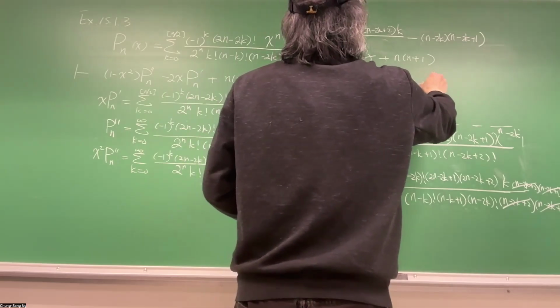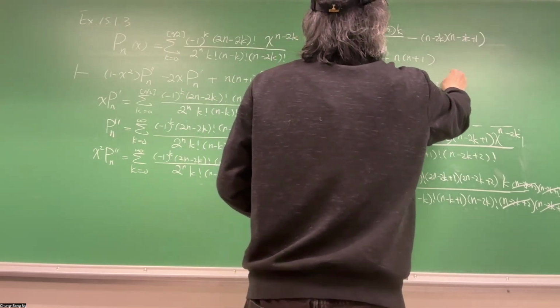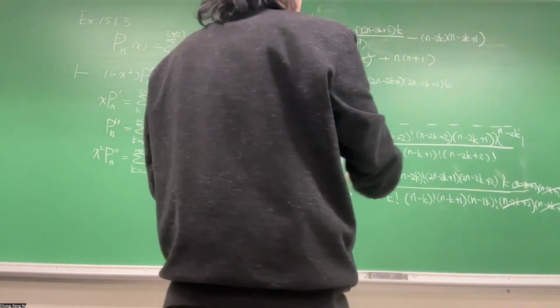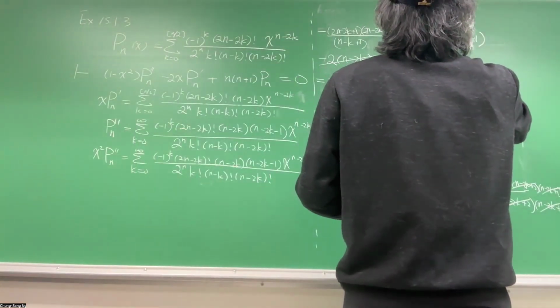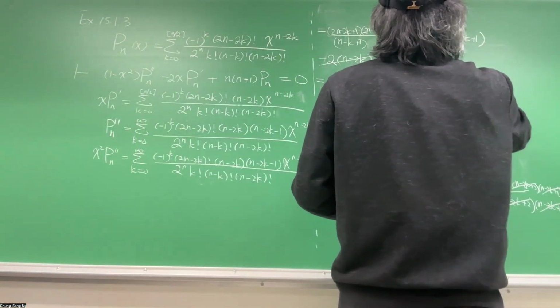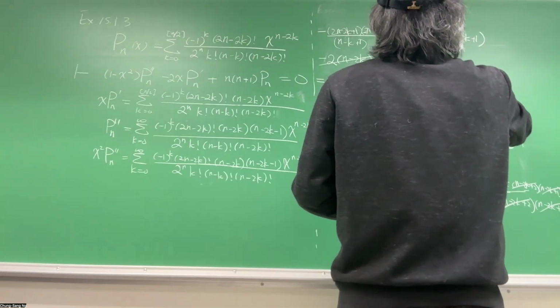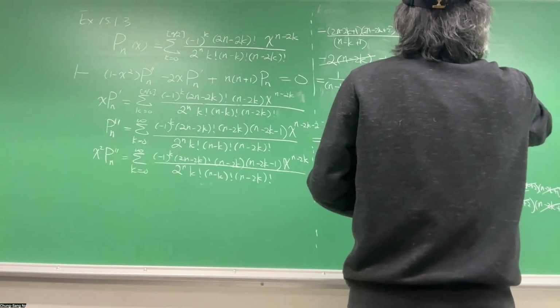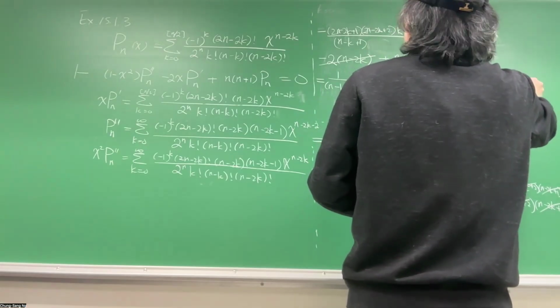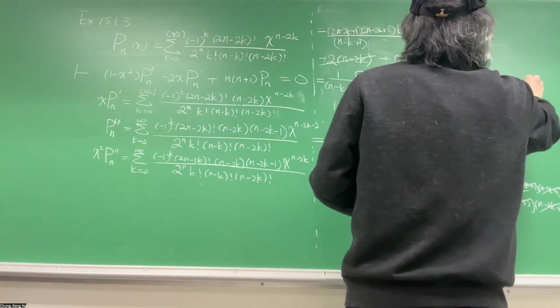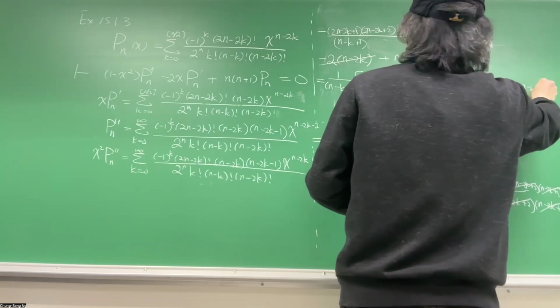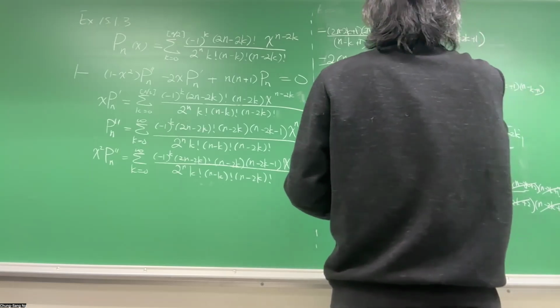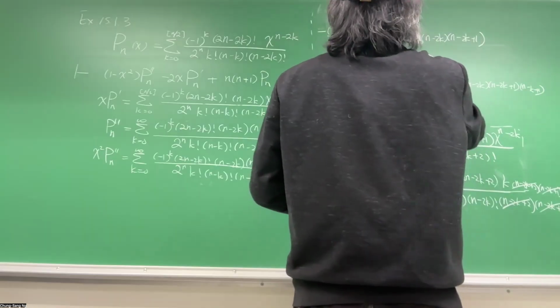2n minus 2k plus 2k, and then minus 2n plus minus 2k, and minus 2k plus 1, minus k plus 1, and plus, right?